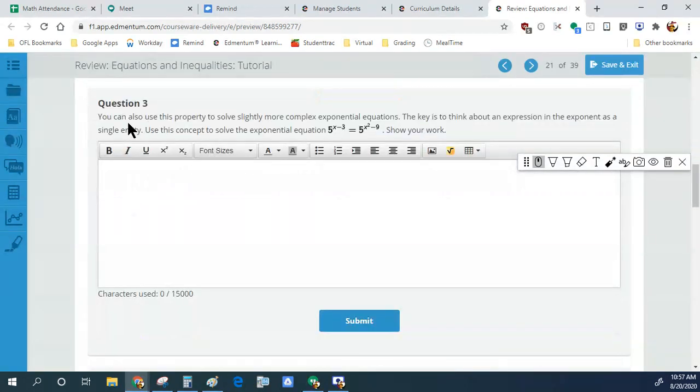All right. You can also use the property of this. So what they're saying here is since these are the same, we can just go like x minus 3 equals x squared minus 9.